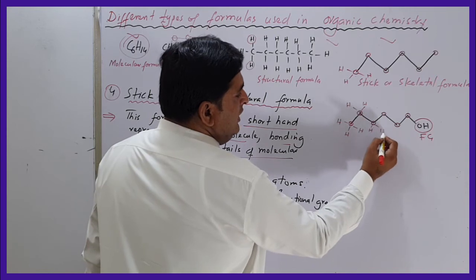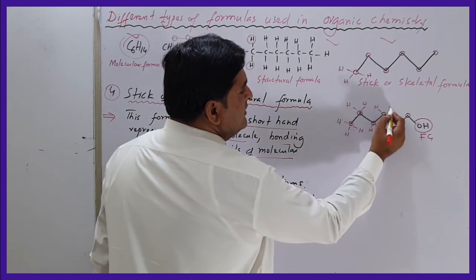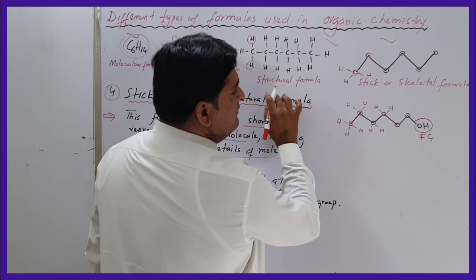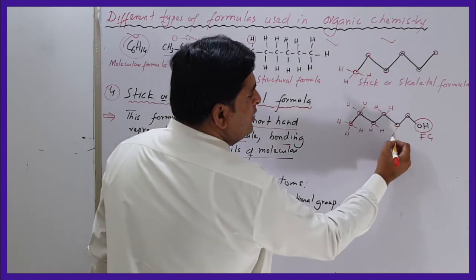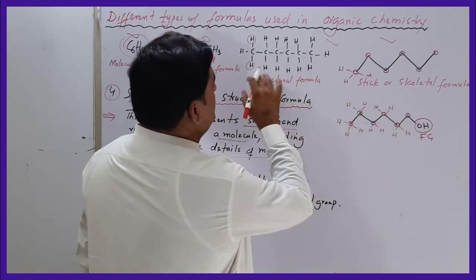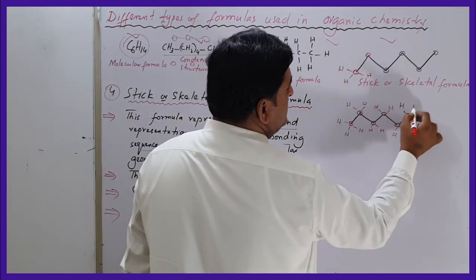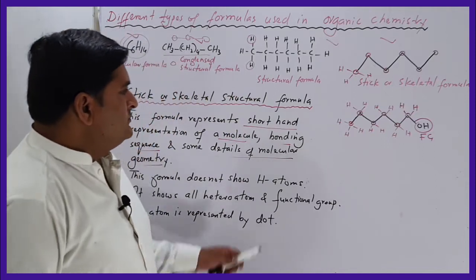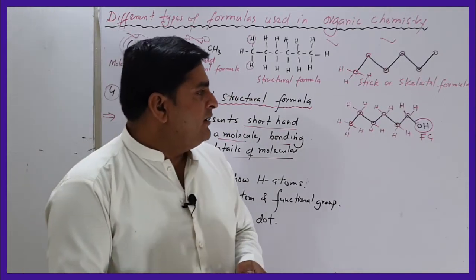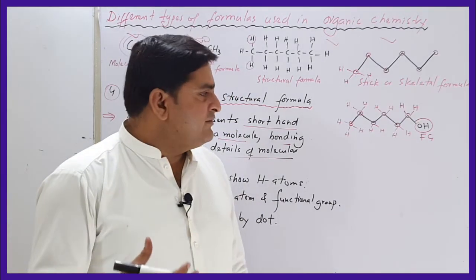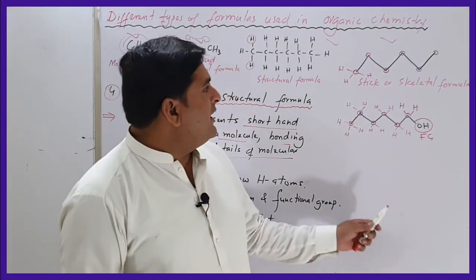Look at how much time has been saved by converting the condensed or structural formula into the skeletal formula. In this way, we represent a compound in a shorthand, shortcut way by its skeletal formula.